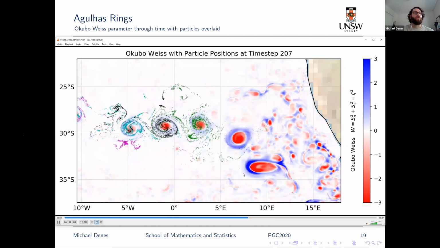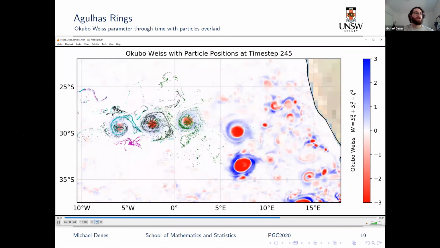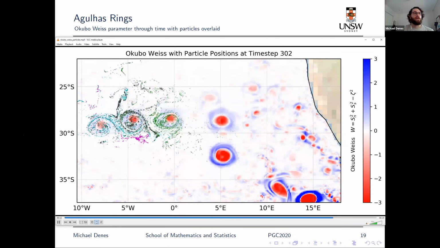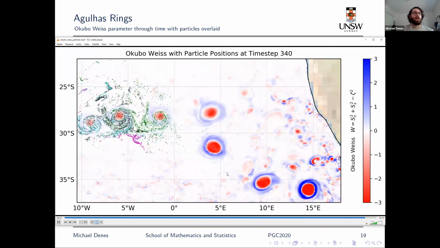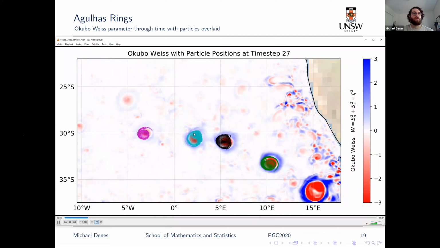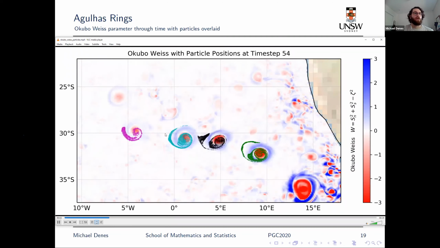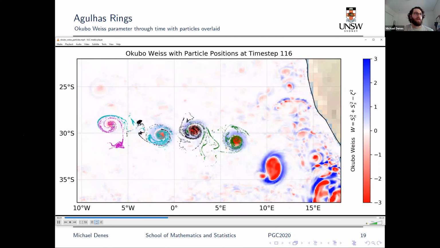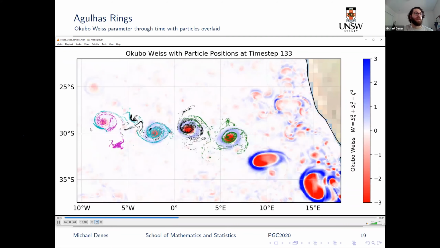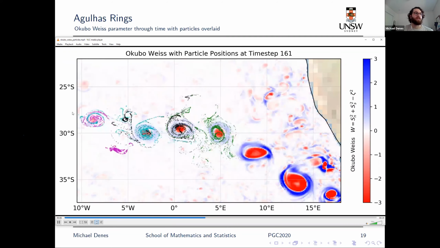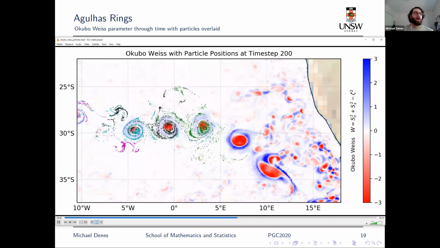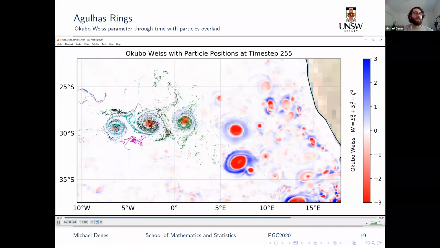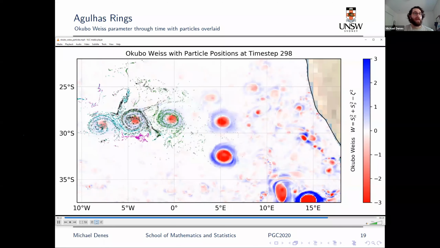Okay, so we have magenta, cyan, black, and green. And you can see that the particles in the cyan eddy move westward and then get entrained by that magenta eddy. Similarly, the black particles get entrained by the cyan eddy, and the green particles get entrained by the black eddy.